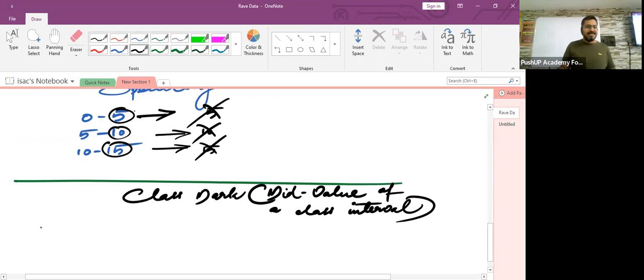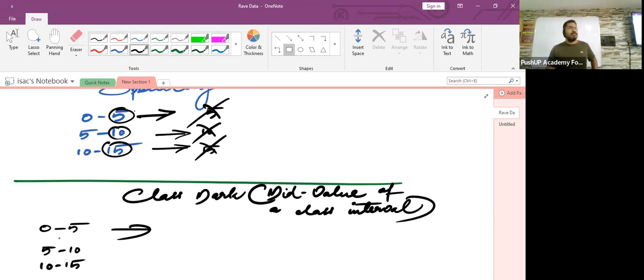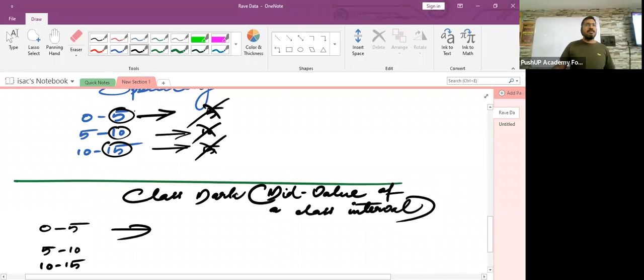Mid value of a class interval: 0 to 5, then 5 to 10, then 10 to 15, and so on. All right, let me find the mid value of the first class interval, 0 to 5. How will you find the mid value of 0 to 5? Very simple, children. Just take the average of the lower limit and the upper limit.